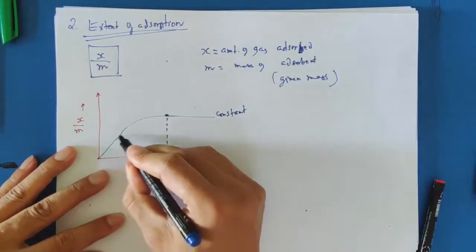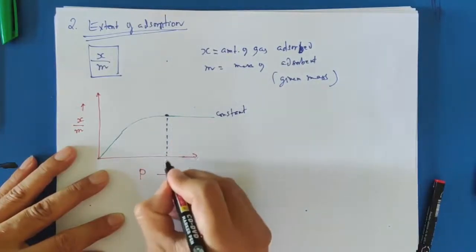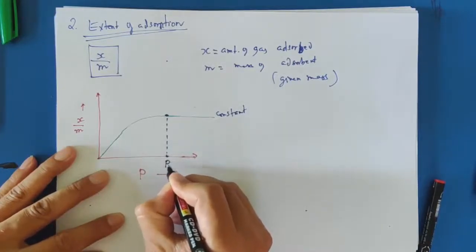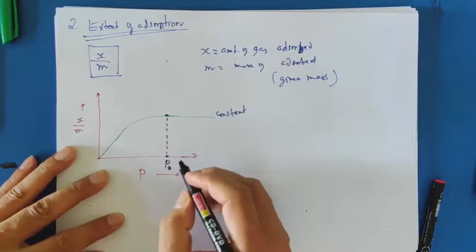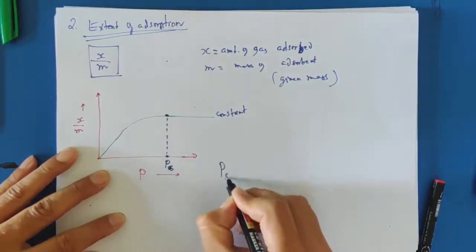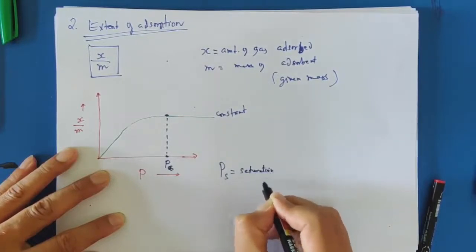Linear and exponential curve, then constant. The x-axis is pressure, and this point is called PS, the saturation pressure.